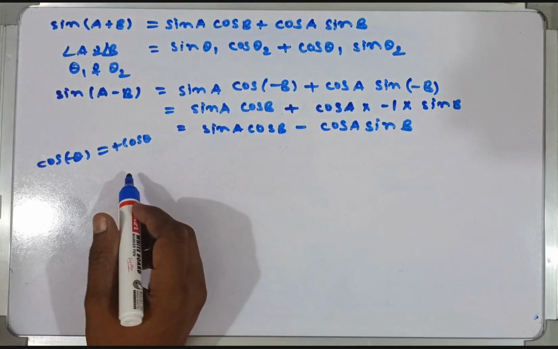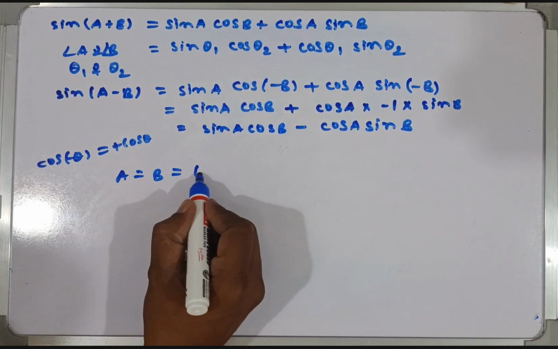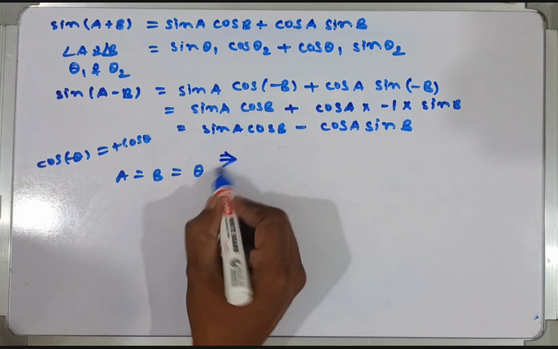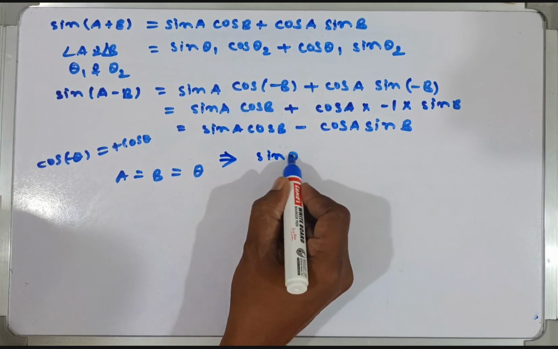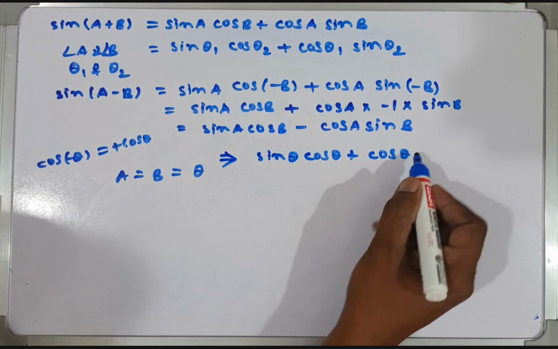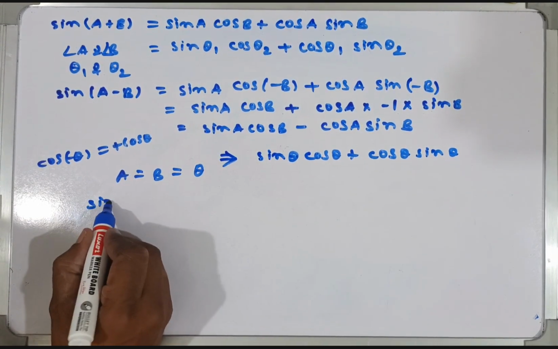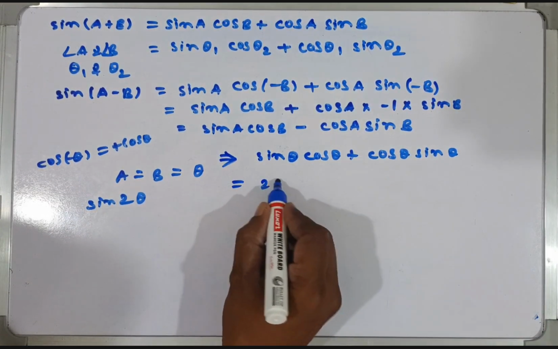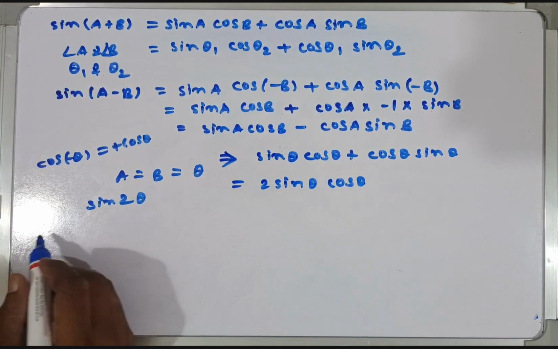Suppose a equals b, and this is theta. Then sine theta cos theta plus cos theta sine theta, so sine 2 theta equals 2 sine theta cos theta.